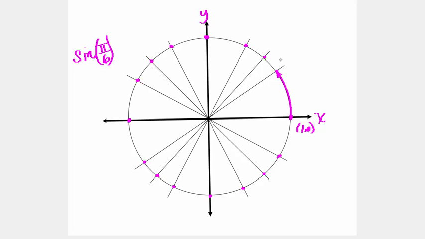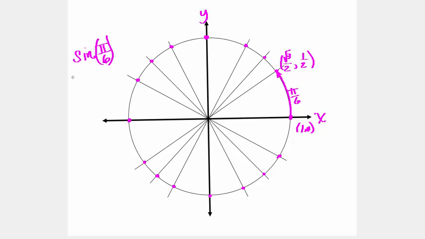If we also happen to know the coordinates of that point, these were labeled on our full unit circle, and with the symmetry, we only have to memorize a few of them and then we can translate that to all the others. Hopefully you recognize at this point that this x value would be square root of 3 over 2, and the y value would be positive 1/2. So those would be the coordinates of this point, which is the terminal point of this arc, which is pi over 6.